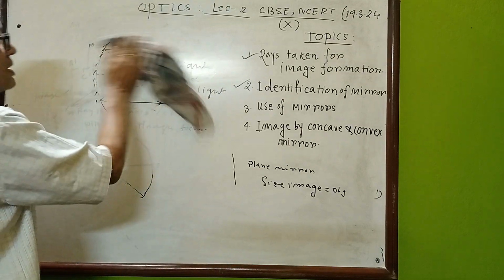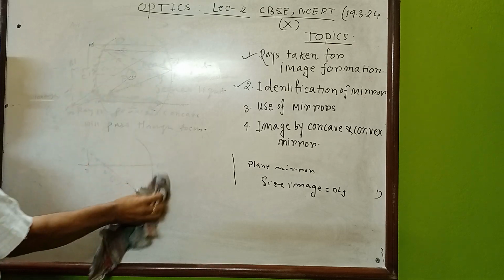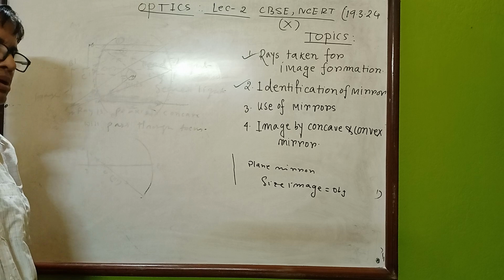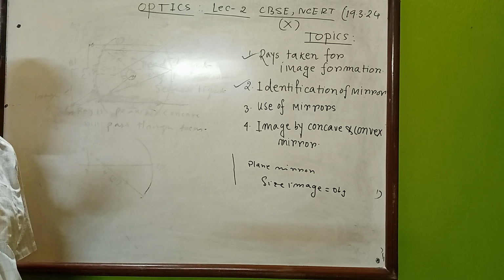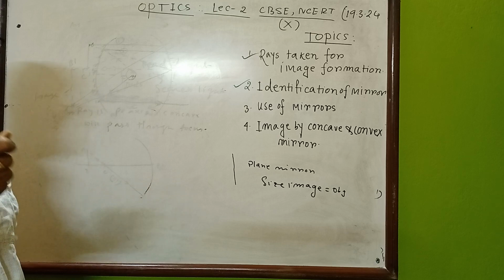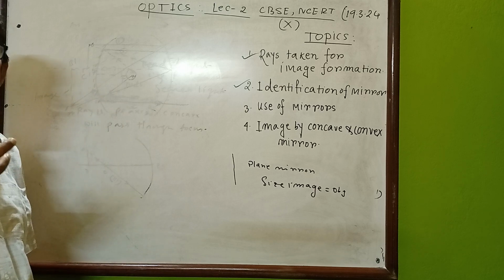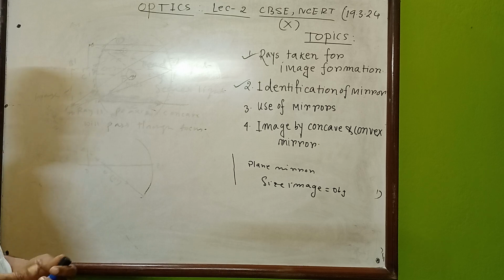Second example I am giving you: in hospital, the ENT doctor and dentist hold the mirror very close to your affected area, and as a result this mirror produces a highly magnified image and the whole area is easily visible to the doctor.